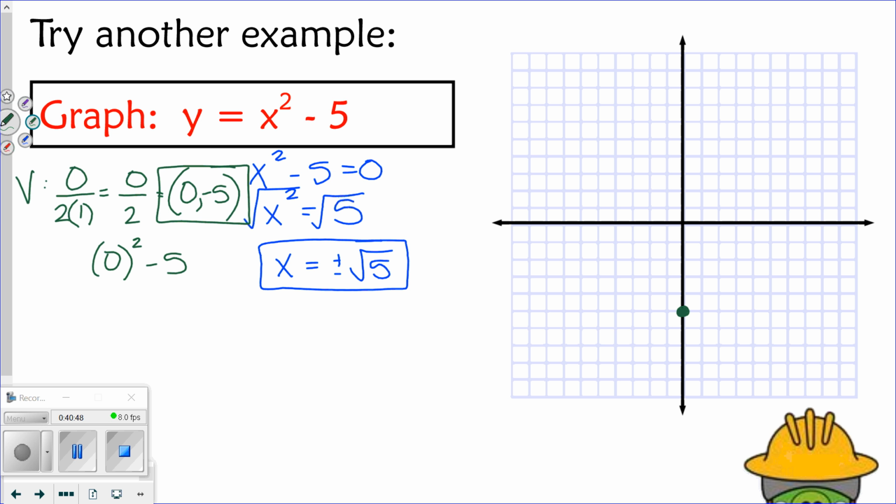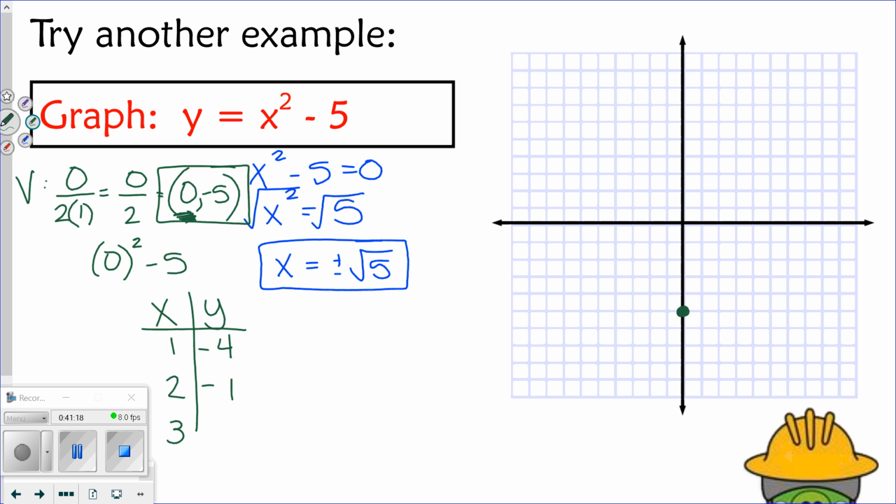If I'm making my table, what values for x are you going to plug in? Good, that's a 0, so I'm going to go 1, 2. If I plug in a 1, what do we get? Negative 4. And if I plug in a 2, what's 2 squared minus 5? It's negative 1. Go ahead and plug in a 3. We'll go one more number just so we can see this.